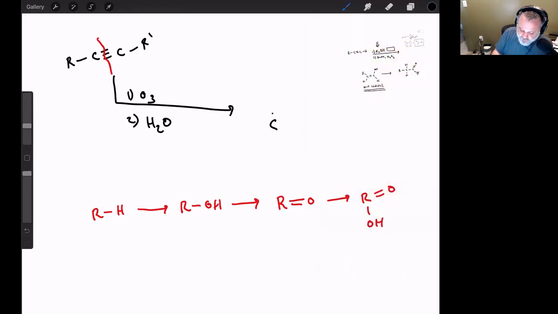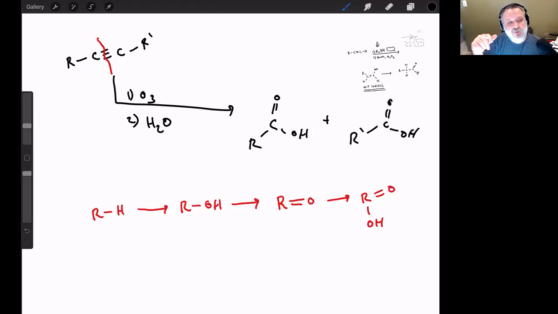You're going to get a carboxylic acid with one of the R groups, and you'll get a carboxylic acid with the other R group. And we'll talk about that a little bit more in the next video or in the next lecture. But at the end of the day, it's very similar. It's still oxidative cleavage.